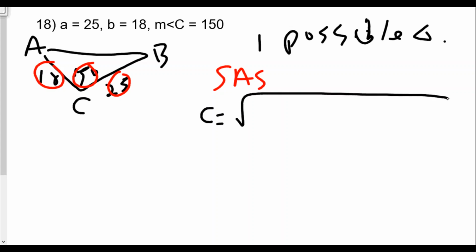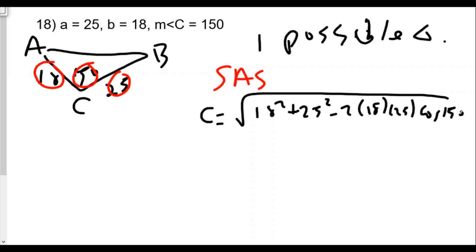C equals the square root of 18 squared plus 25 squared minus 2 times 18 times 25 times cosine of 150. We'll pull up a calculator here.